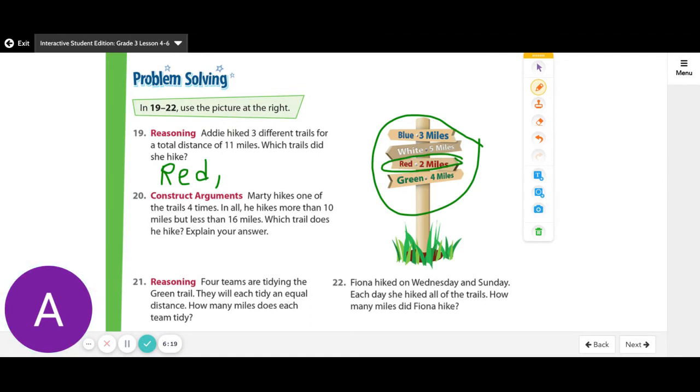The green trail, which gave us 4. And the white trail, which gave us 5. So 5 plus 4 is 9, plus 2 is 11.